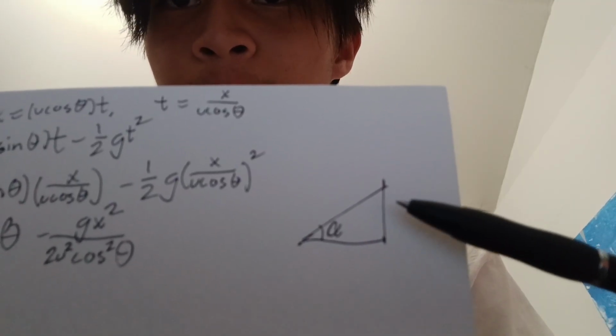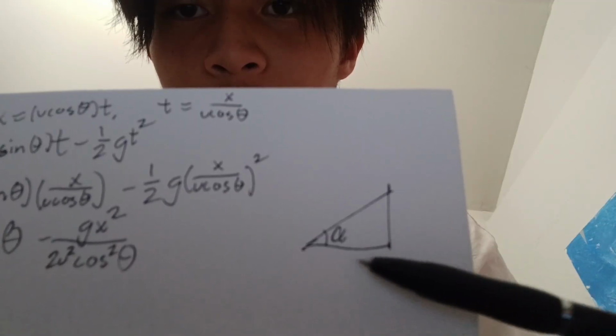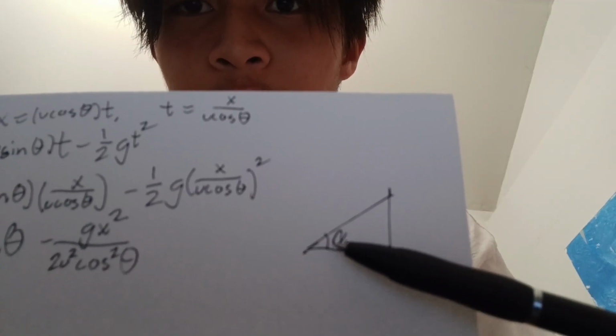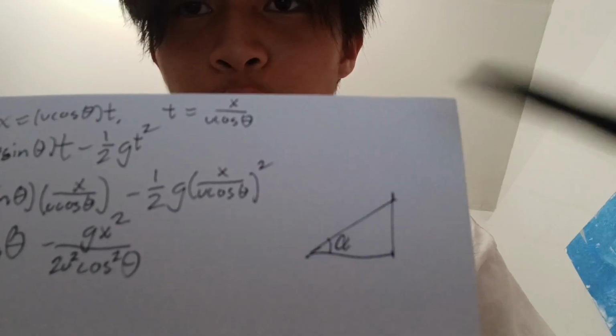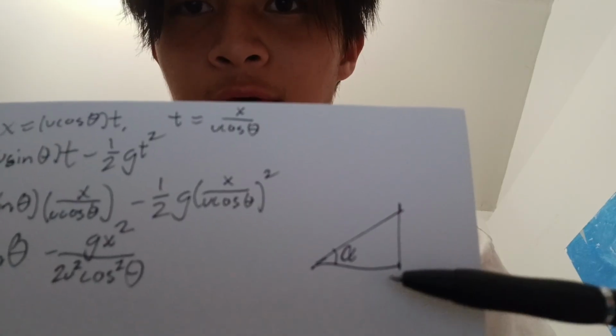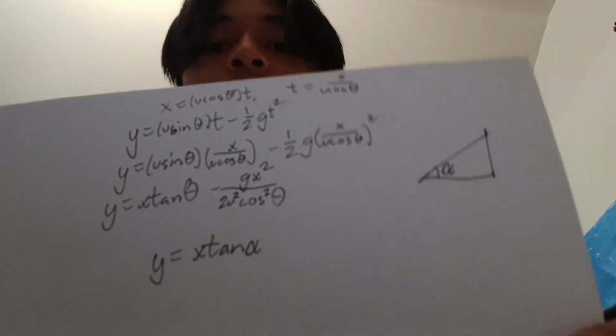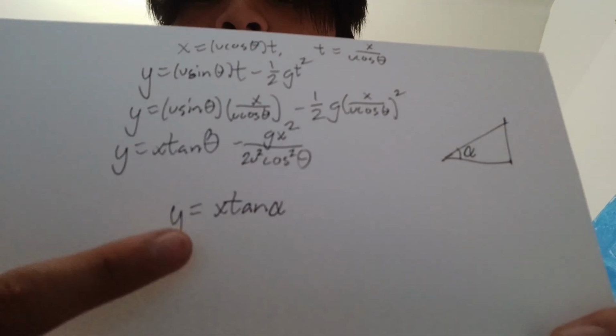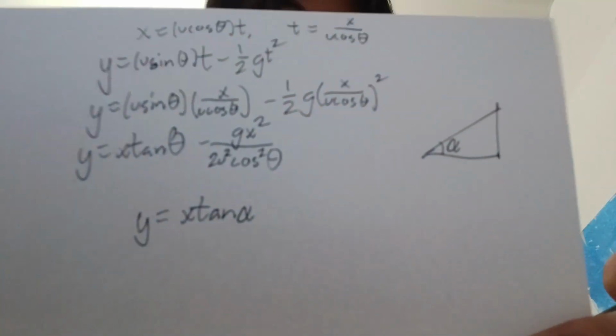So sine alpha over the run, which is cosine alpha because this is adjacent to alpha. And so y equals mx plus b, m is the slope. In this case, the slope is tangent alpha because, again, sine over cosine. Right, so y is x tangent alpha.